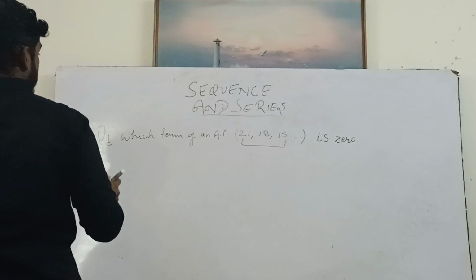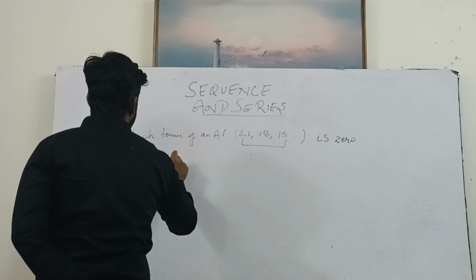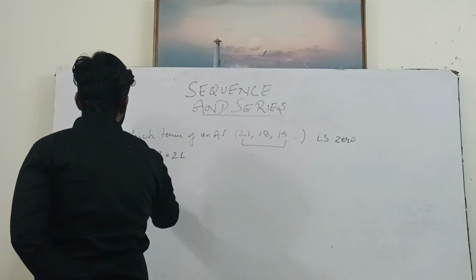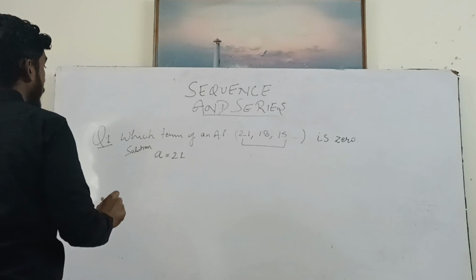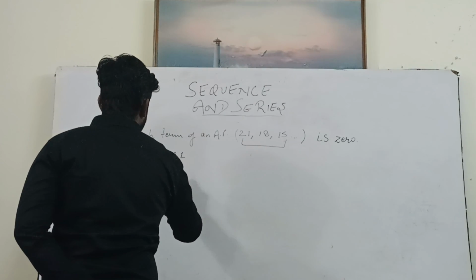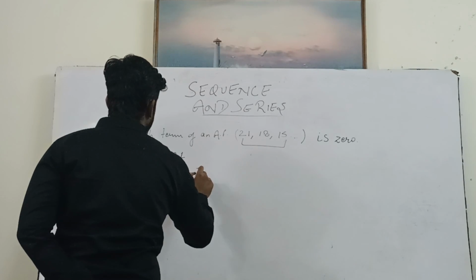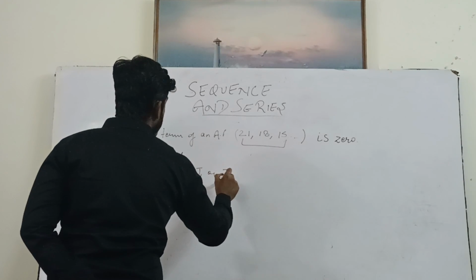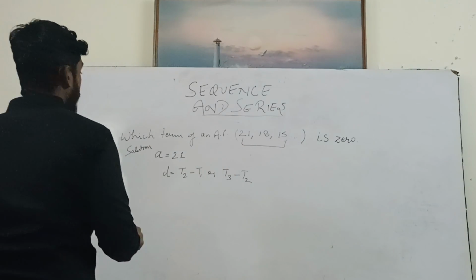So let's analyze this AP. We are given an AP. This is the solution for it. The first term is 21 and the common difference is what? It is T2 minus T1 or T3 minus T2. So what is T2 here?